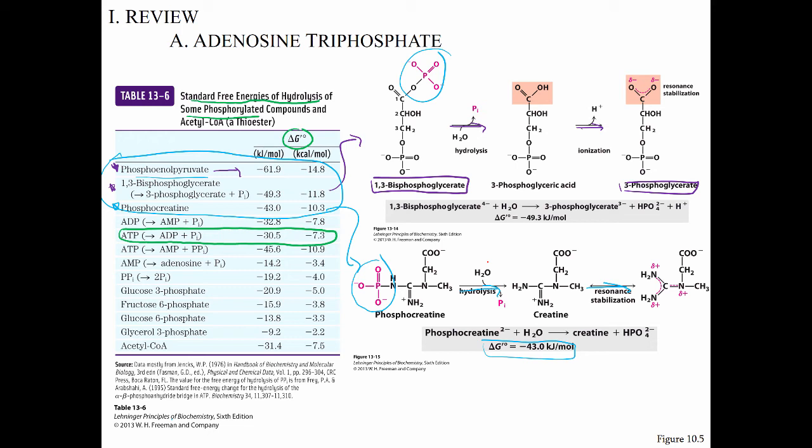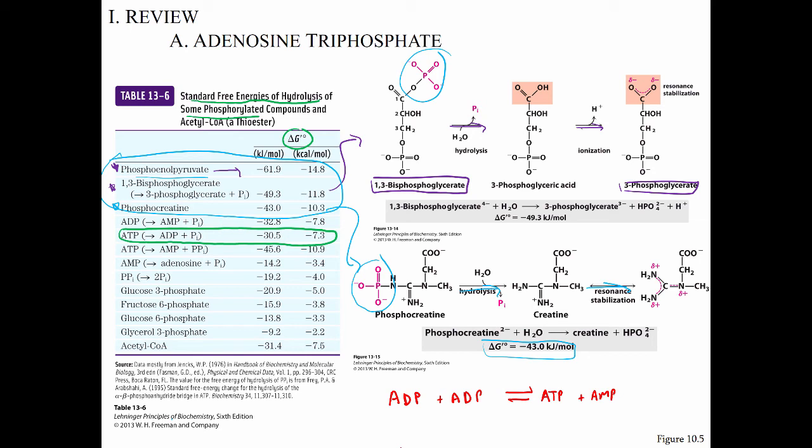Now, another thing that's not shown here, and I think it's important enough to bear mentioning, is that we can take two ADP molecules and from them make ATP and AMP.